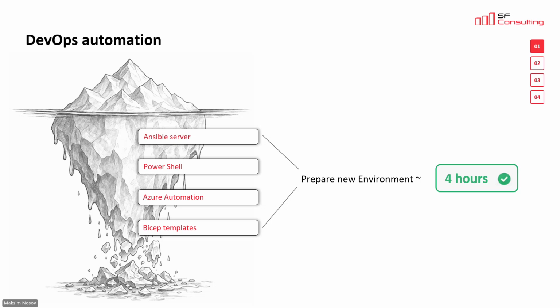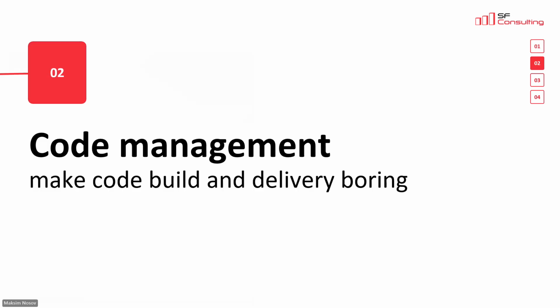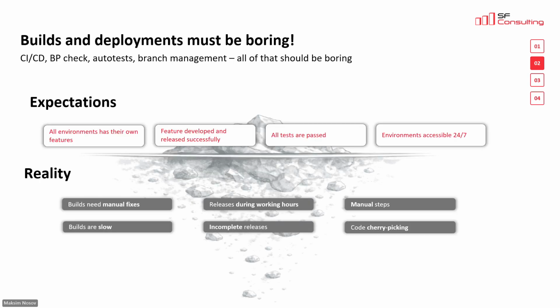Now, let's move to another section where we're going to talk about code build and delivery and how we made this process reliable. I believe when it comes to code development, everybody's expectations are pretty straightforward.